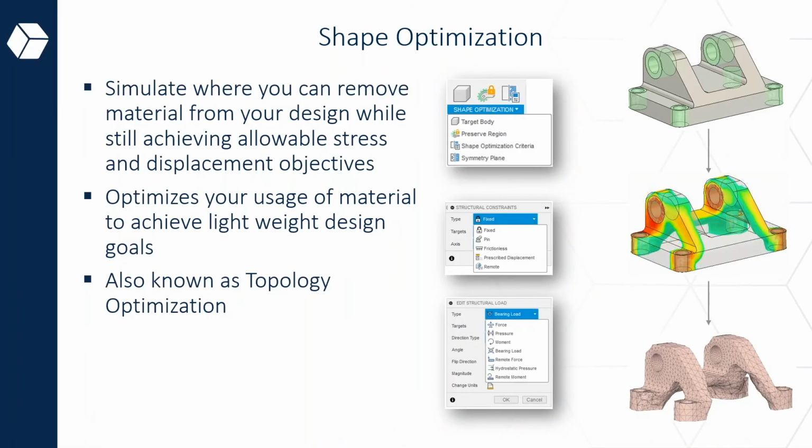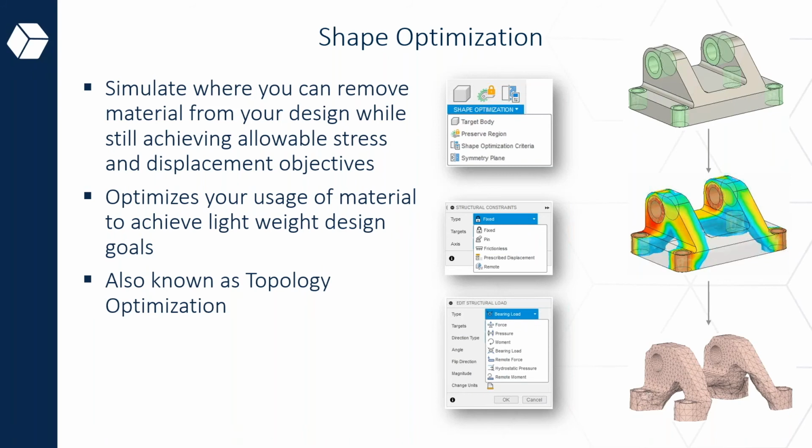So in the situation where weight saving or material saving is important, and in some cases, even if you're 3D printing the part, it costs more to build a part than to cut it up, you will be able to save a lot of material when you simulate it in this manner.